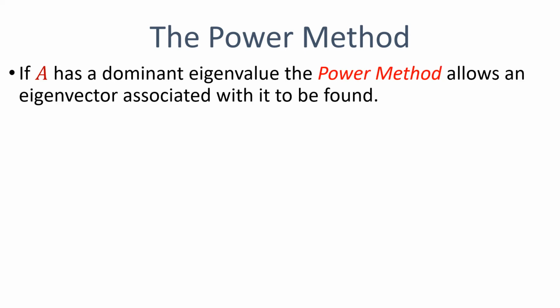We're going to assume that our given matrix does indeed have a dominant eigenvalue, a unique largest eigenvalue. And what the power method does is this allows us to construct an eigenvector which is associated with that value.